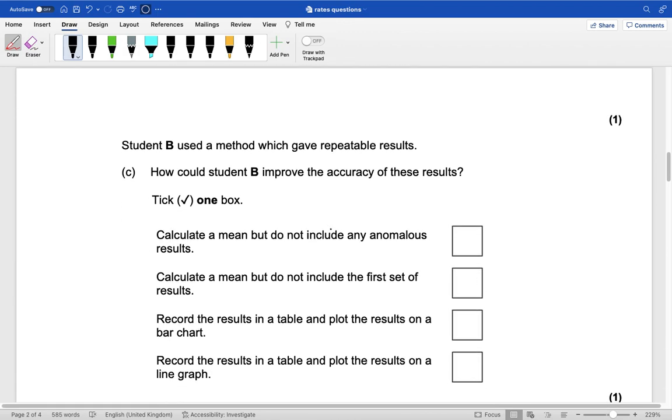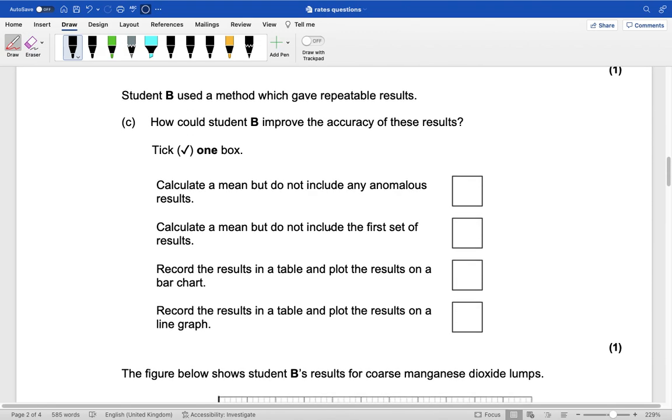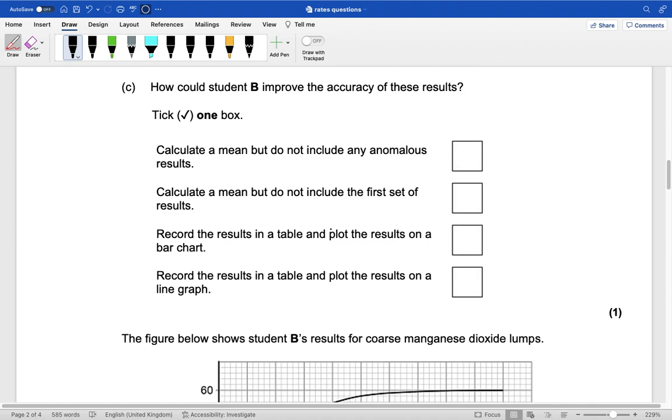It says student B used a method which gave repeatable results. How could student B improve the accuracy of these results? Okay, so it says calculate a mean, but do not include any anomalous results. That sounds like a good one to me, because we do like to calculate a mean to improve the accuracy of our results. Calculate a mean, but do not include the first set of results. Don't think that sounds like a good one.